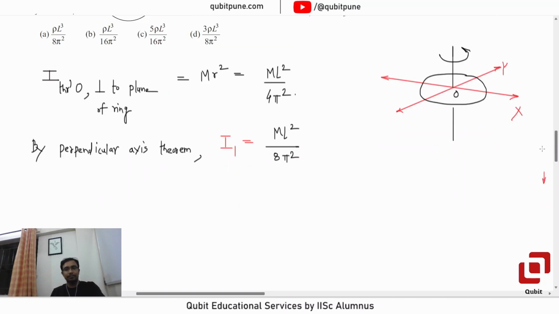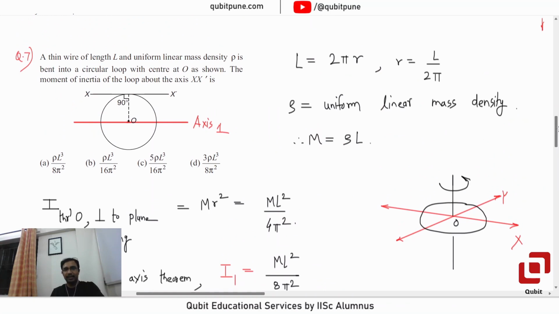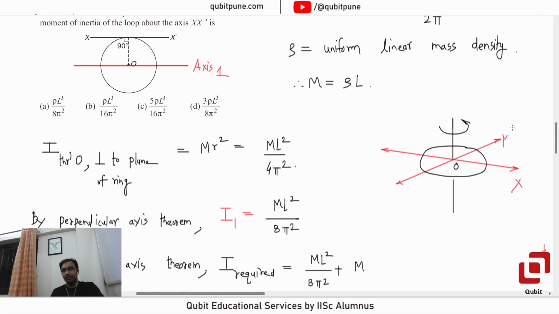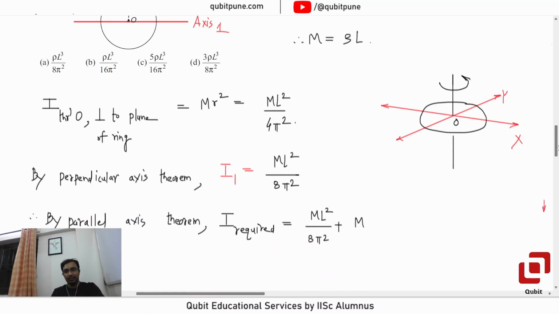Now we have to use the parallel axis theorem. I required will be ml squared upon 8 pi squared plus m into r squared, again r squared. Why r squared? Because that is the distance between the axis of rotation and the corresponding axis of rotation through the center of mass.